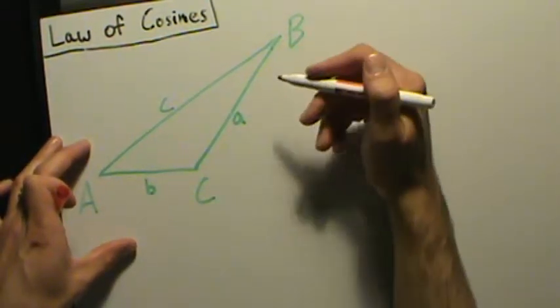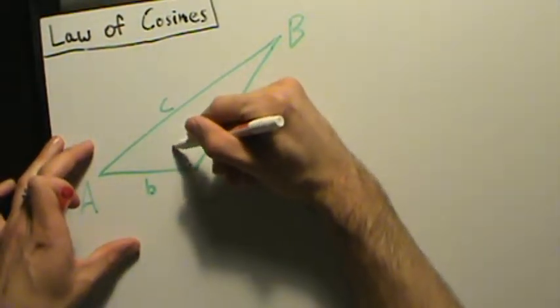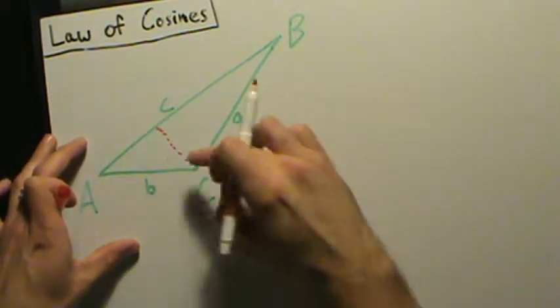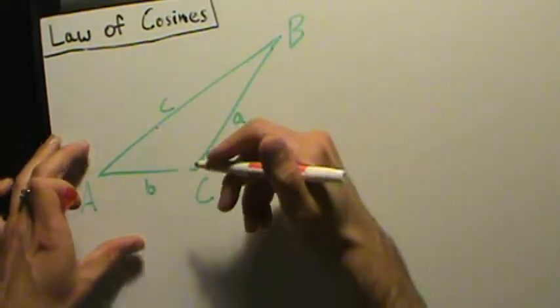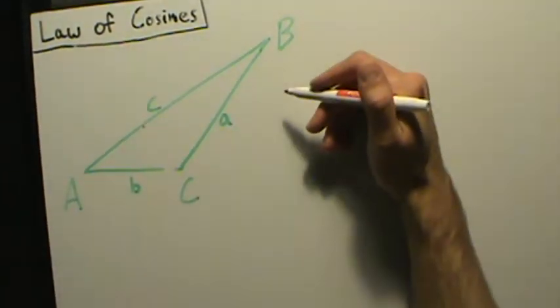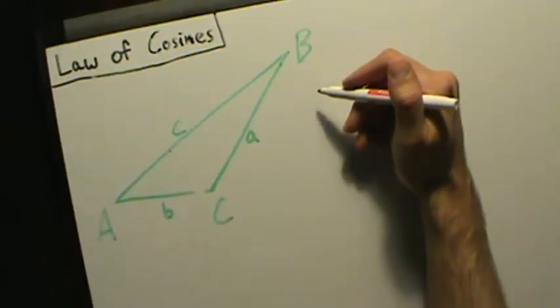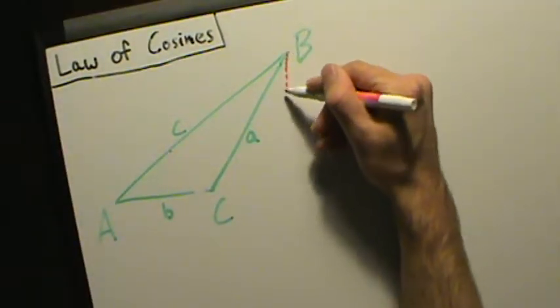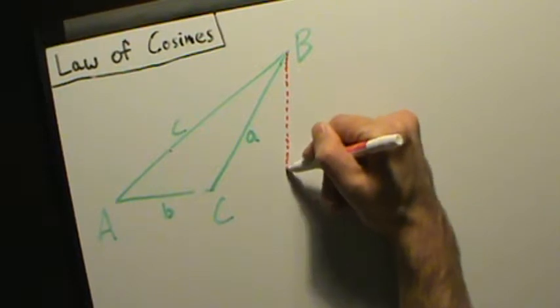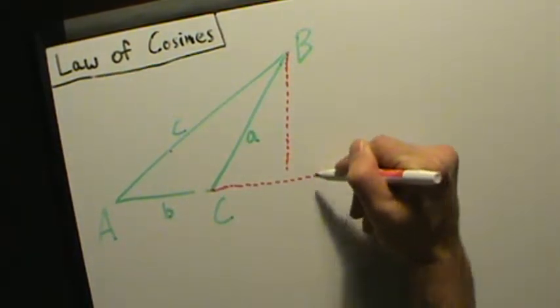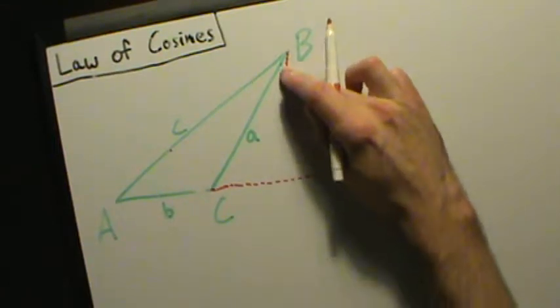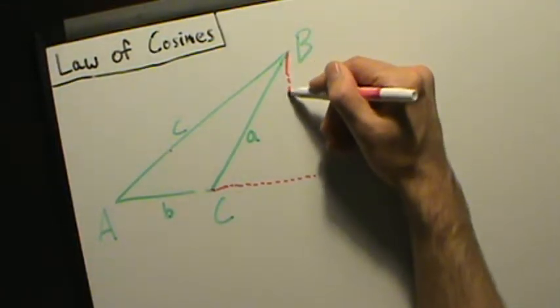So drop the perpendicular from the obtuse angle to the other side. But now what's different is when we try to drop a perpendicular from, let's say, B or A really, we have to drop it from outside the triangle, and that is going to change things a little bit. So let's extend the triangle a little bit here, and then we'll drop the perpendicular.